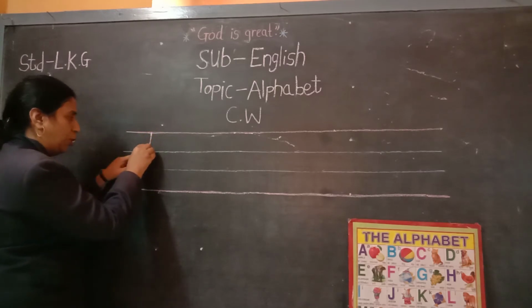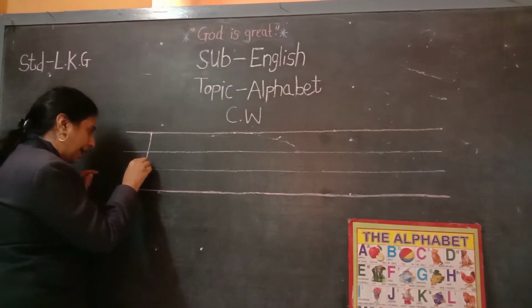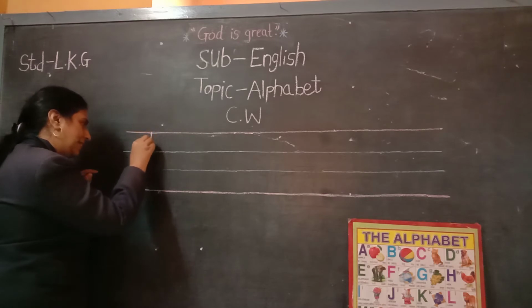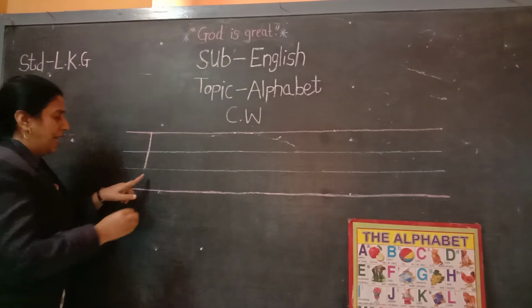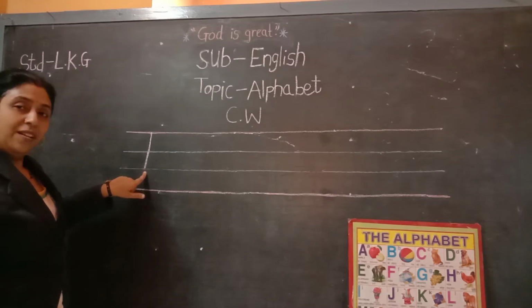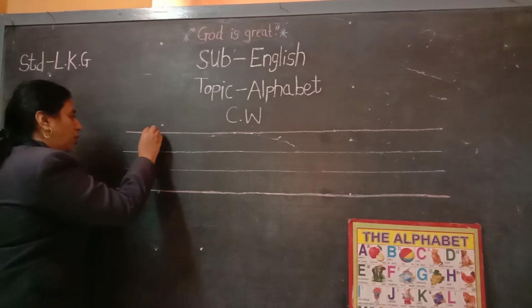Come to the first blue line. And again on second blue line. Which line is this? Left slanting line. Very good.